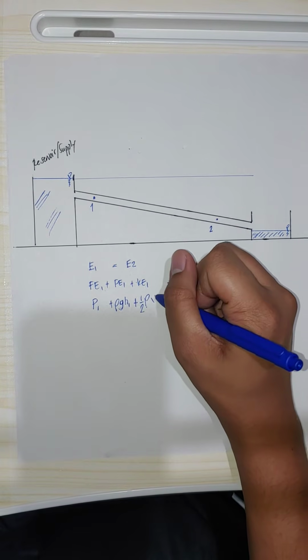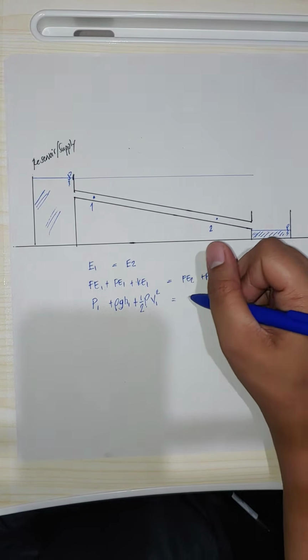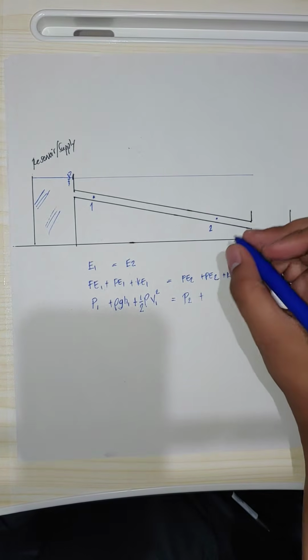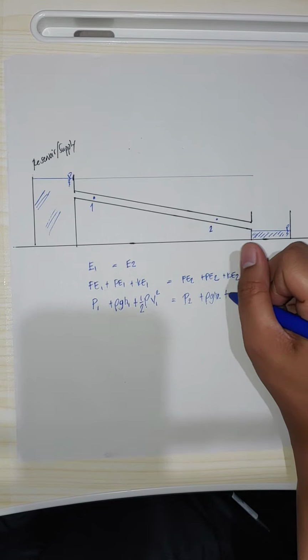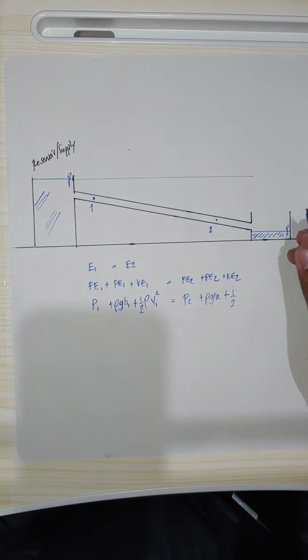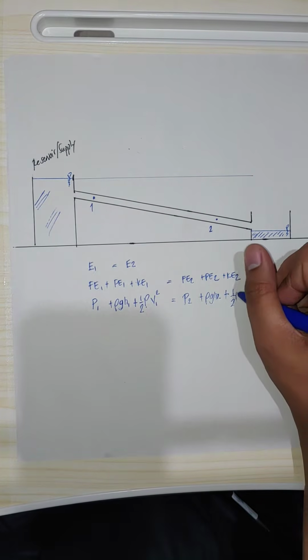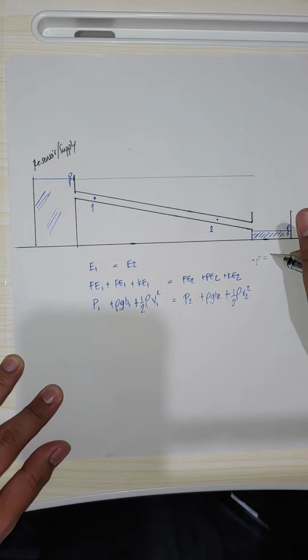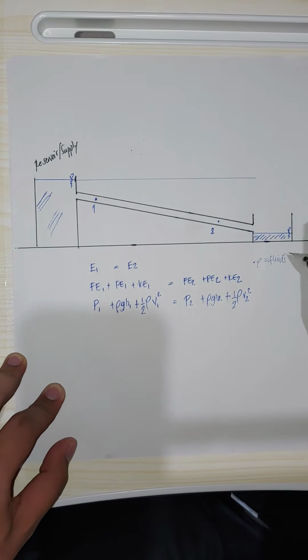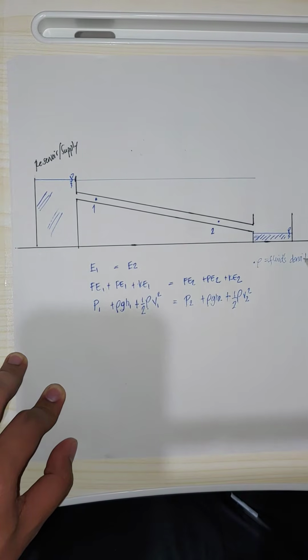So P1 plus rho g h1 plus 1/2 rho v1 squared should be equal to P2 plus rho g h2 plus 1/2 rho v2 squared. Here, rho is the fluid's density, and g is the gravitational acceleration.